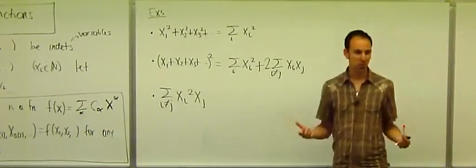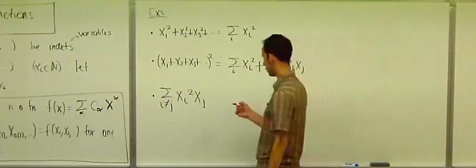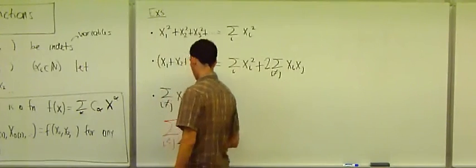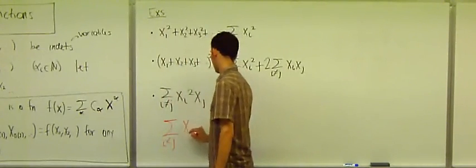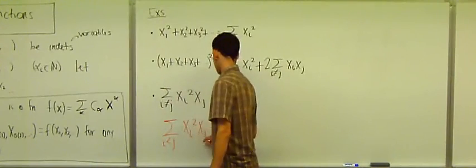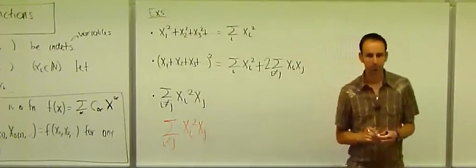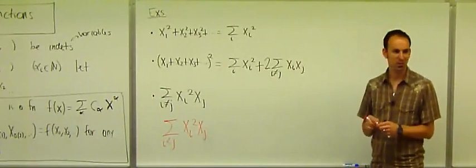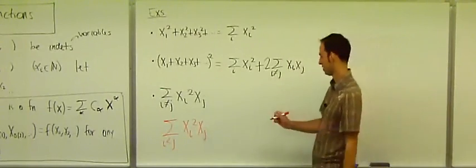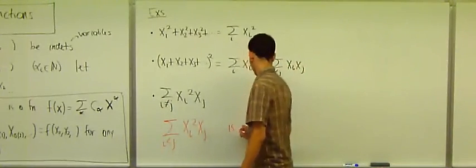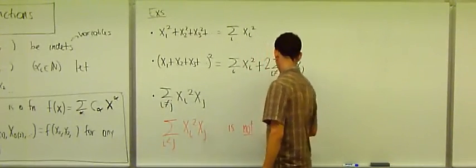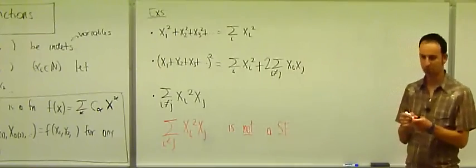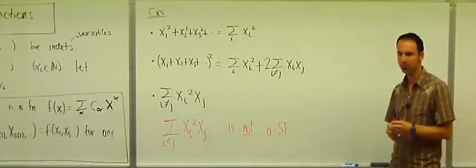It's also always good to see a non-example. So let me show you a non-example. Sum over i less than j of xi squared xj. So why is this not a symmetric function? That's right.